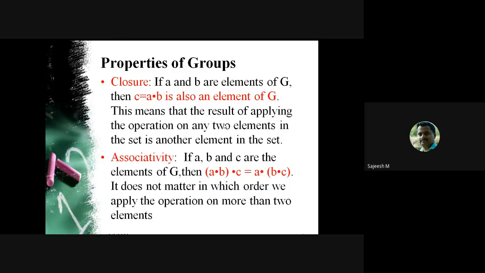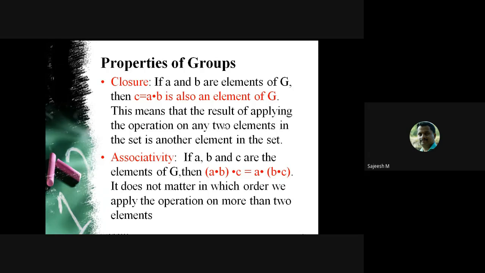Take the set of integers and the operation addition. The addition of two integers gives another integer, and the result of that addition is also a member of that set. Then we can say that the set of integers with the addition operation satisfies the closure property.